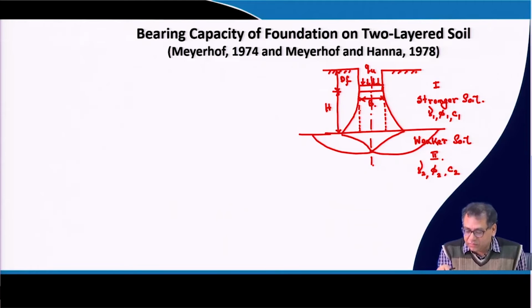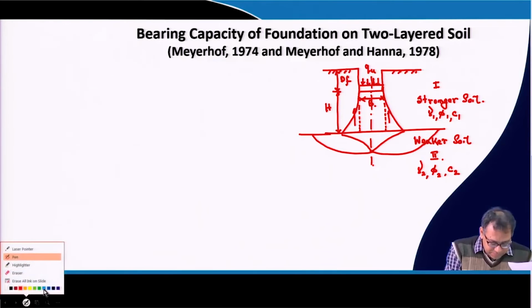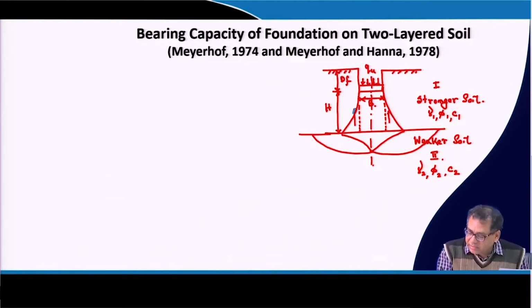If there is cohesion, there will be a shear resistance that will act in the upward direction. That shear resistance we have to calculate.